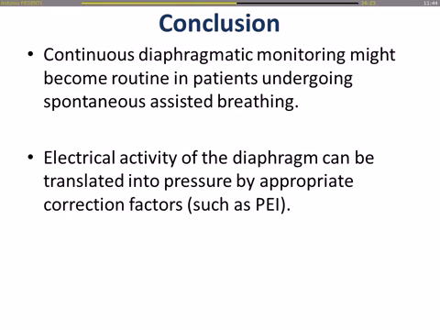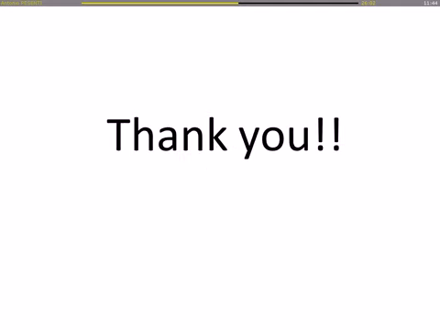The important message is that continuous diaphragmatic monitoring is a tool that we can use to do NAVA, if we want to do NAVA, or that we can use to understand what's going on with the muscles of our patients independently of NAVA, during pressure support or proportional assist ventilation.